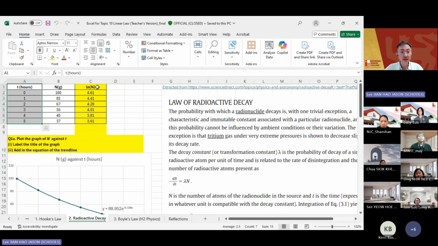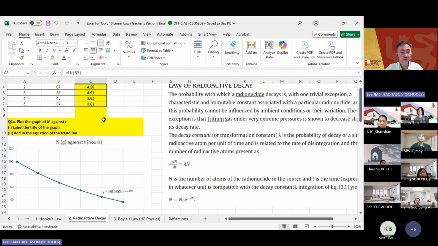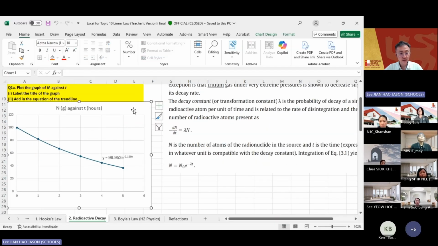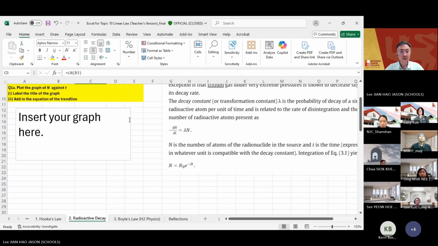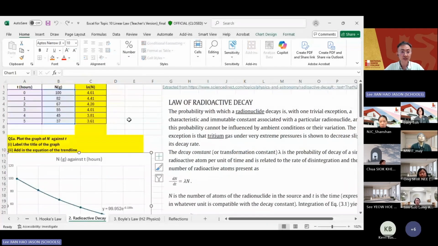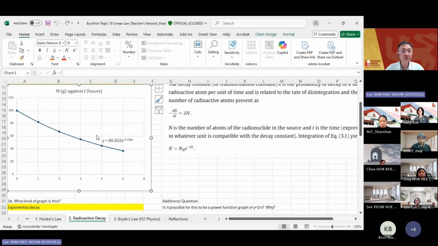And we ask students to fill in this table of ln N. And we ask them to plot a graph of N against T. Okay, so students would insert their graph here. They will not see the graph here. When they plot it, this is what they would see, and they will find that it is not a linear graph.